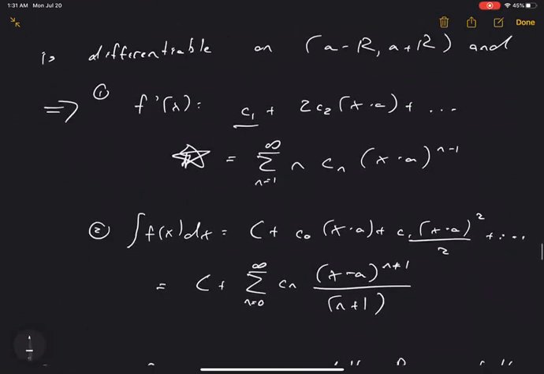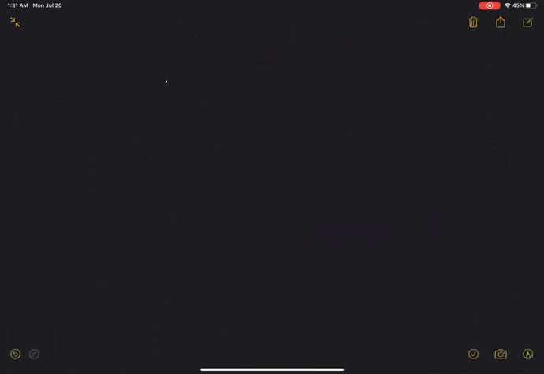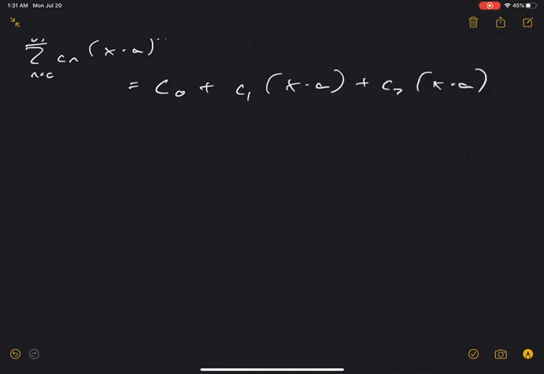If I want to integrate my power series, let's say my power series is c sub n times (x minus a) to the power n, which is equal to c0 plus c1 (x minus a) plus c2 (x minus a) squared. What's the integral of that?